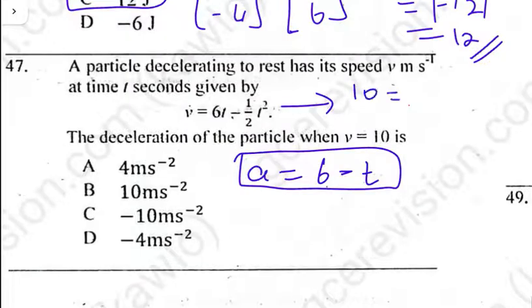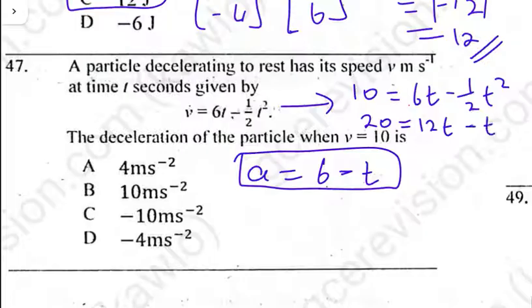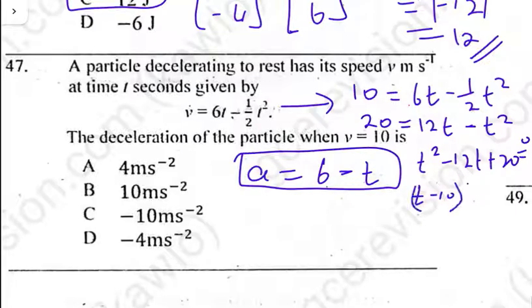So we have 10 equals 6t minus a half t squared. So we have 20 equals 12t minus t squared. From here you have the equation t squared minus 12t plus 20 equals 0. So we have t minus 10, t minus 2, so from here t equals 10 and t equals 2.